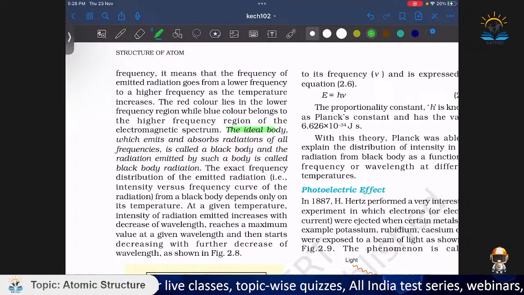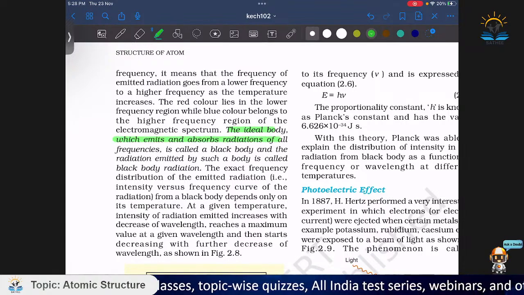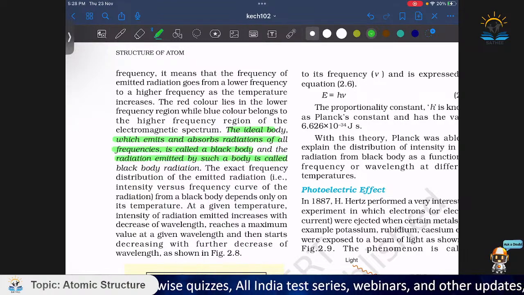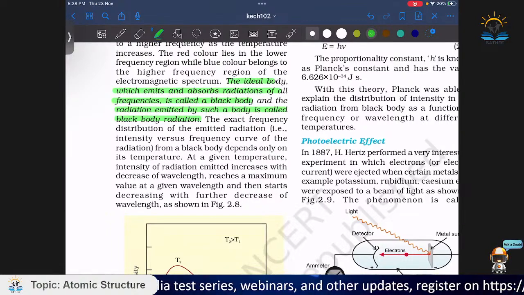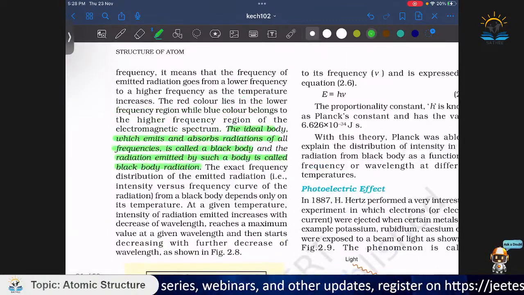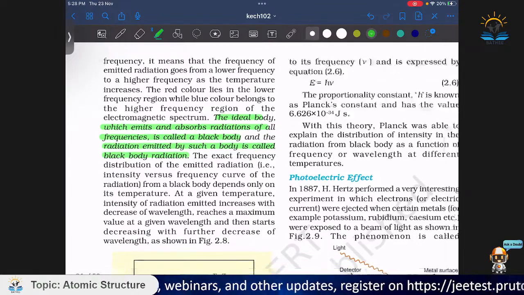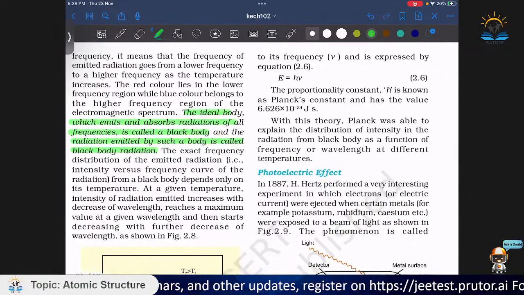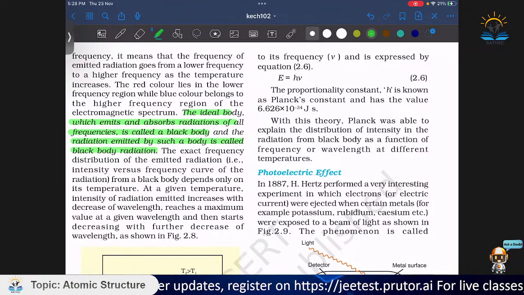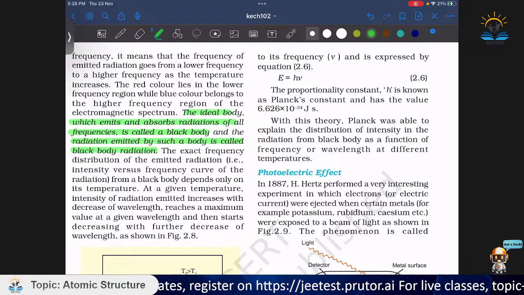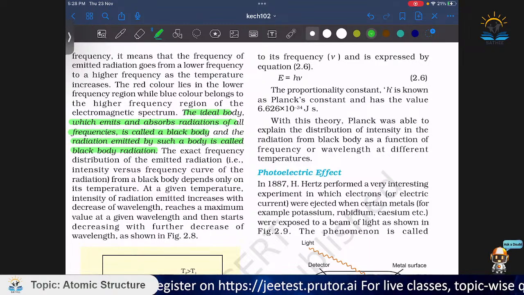The ideal body which emits and absorbs radiation of all frequency is called a black body, and radiation emitted by such a body is black body radiation. Black body radiation follows all the laws of wave, but it also shows a particle nature of matter, because whatever radiation it is absorbing, it is emitting, and it is emitting radiation of a constant value in packets.